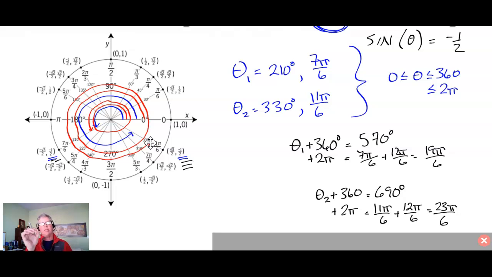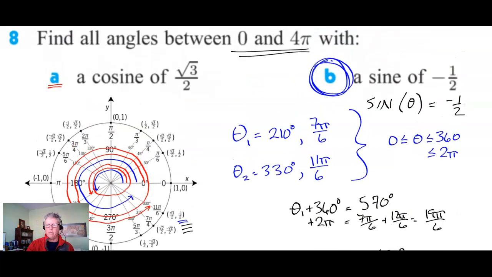So once again, you add 360 or you add 2 pi. Now you would continue to do that until you're outside of the given range. So 0 to 4 pi, those are all the angles that are going to be between that. All right, why don't you try A right now? List all the angles between 0 and 4 pi.